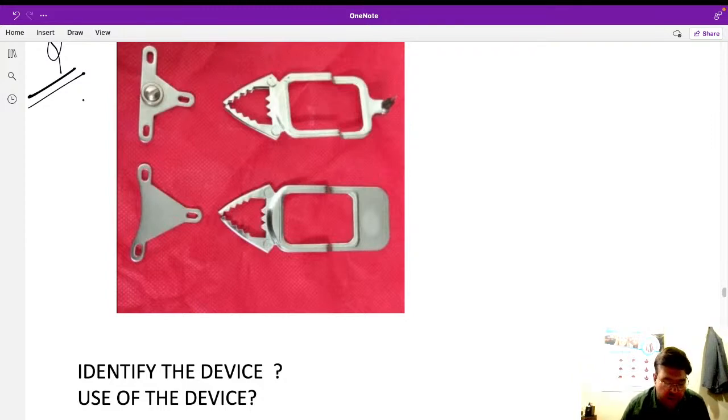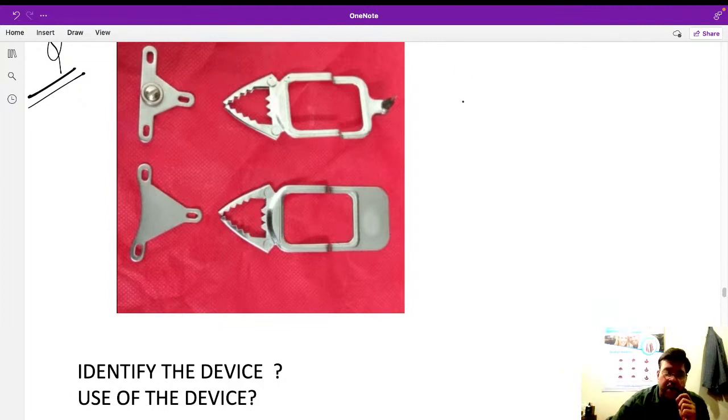Not in the medial movement. So what you have identified is a Gothic arch tracer, absolutely right. What is the purpose of this device? We just talked about it. It is utilized in recording centric relation.